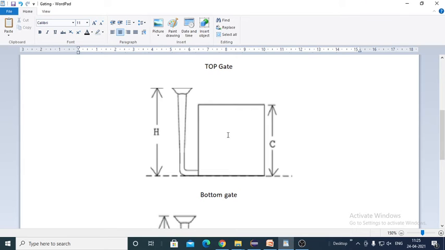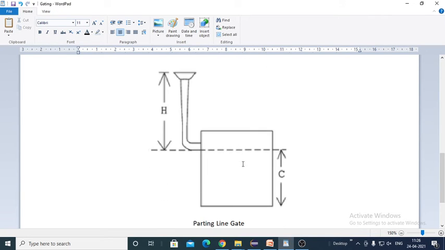Now the next one is parting line gates. Here you can see this parting line gate combines the characteristics of top gating and bottom gating systems.